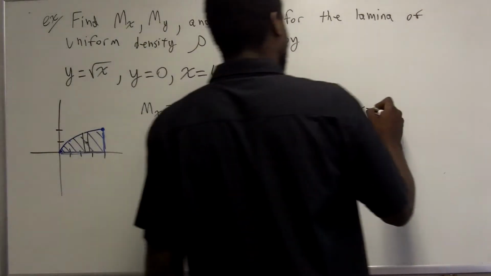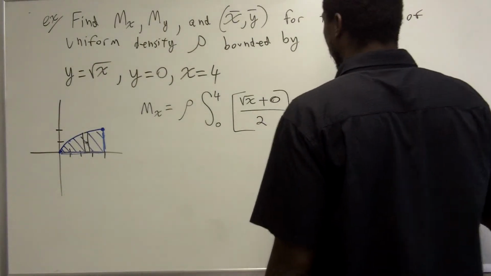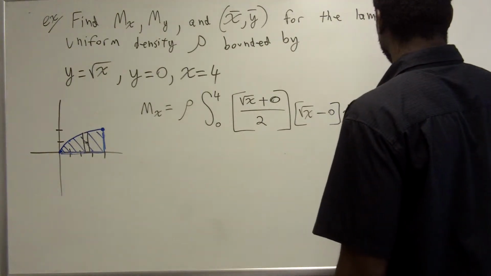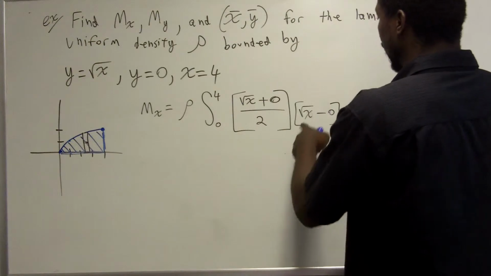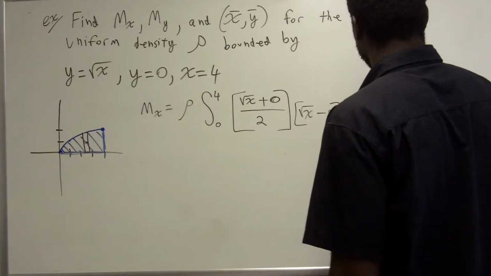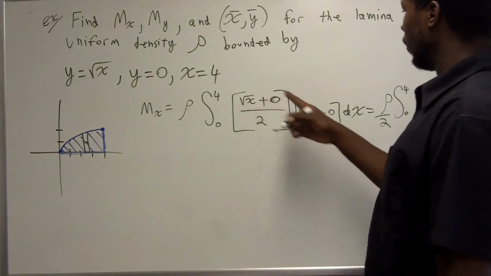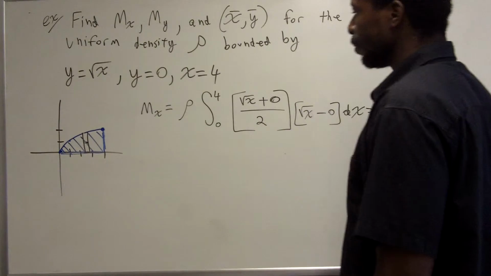So this gives me rho times the integral from 0 to 4 of the square root of x over 2 times the square root of x. Actually, we can bring this 1/2 out, make this rho over 2, and then the square root of x times the square root of x is just x dx.